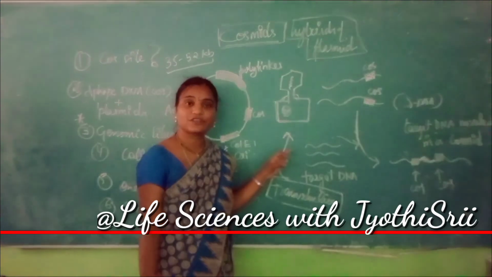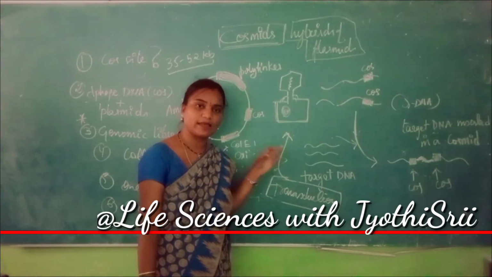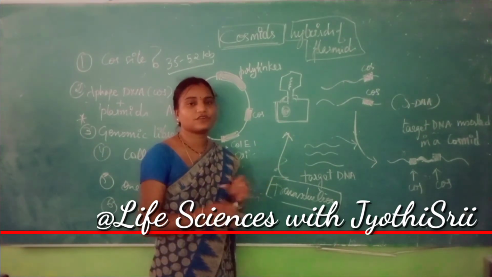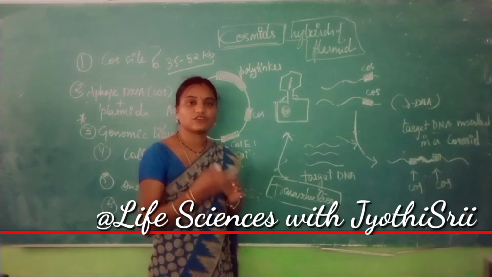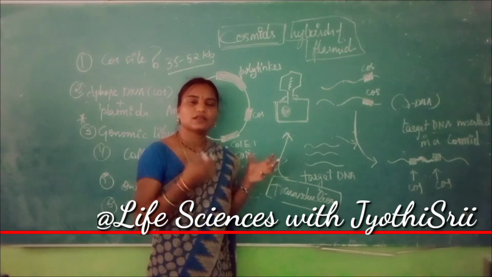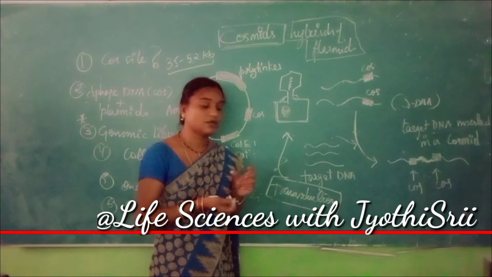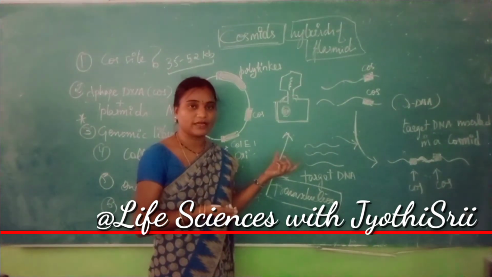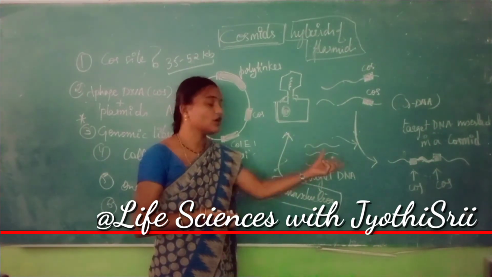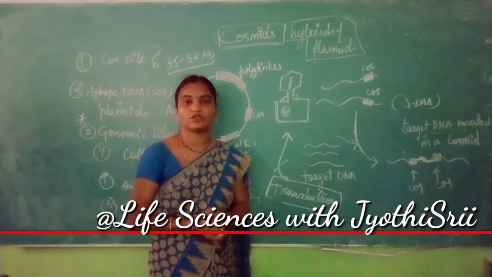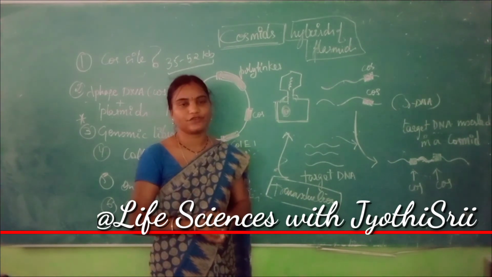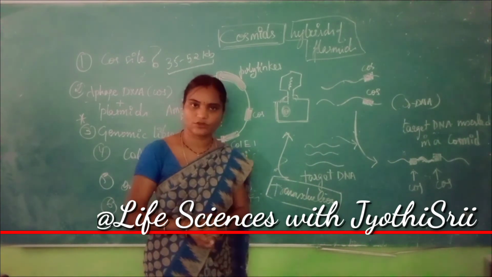So this is left for several generations. So when it infects your bacteria, then what happens? It replicates after several generations. In the coming generation, your lambda phage and your bacteria contain your target DNA molecule. So this is the working and different criteria of your cosmids. Okay, thank you.